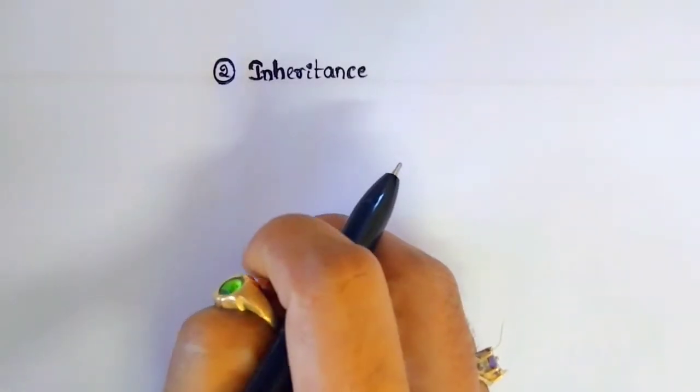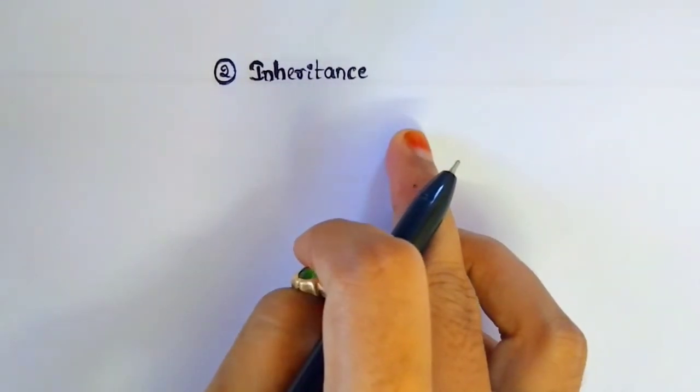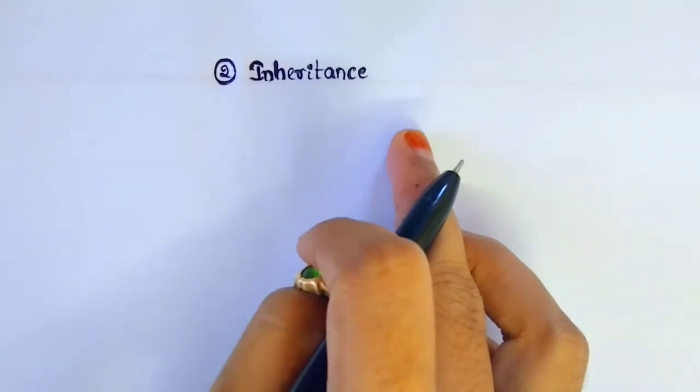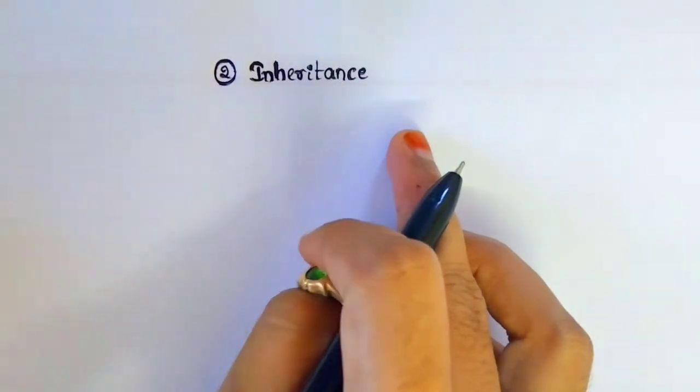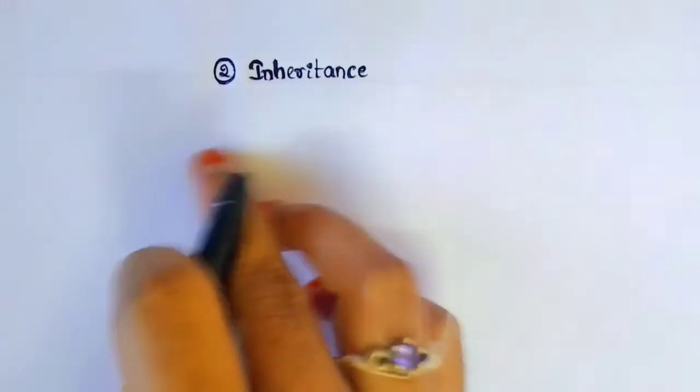Coming to the second one, what is inheritance? Inheritance is a process of acquiring fields and methods from one class to another class. It is nothing but the process of taking the properties from one class to another class. Let's write.